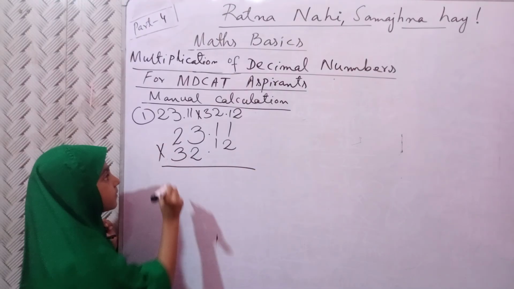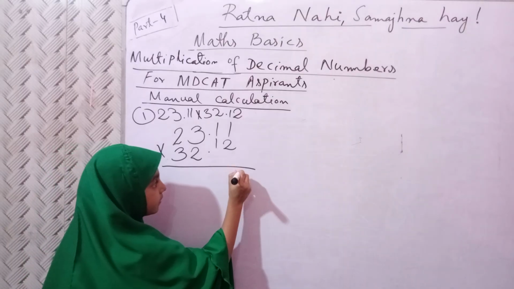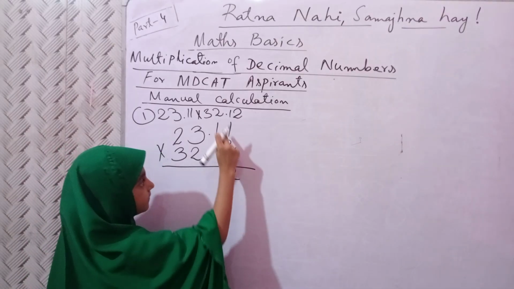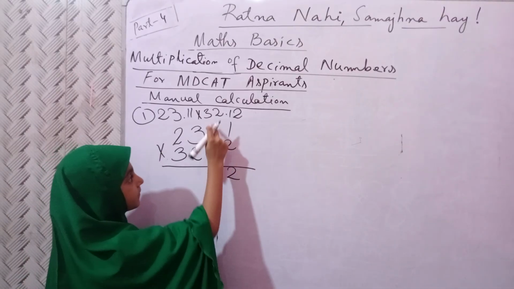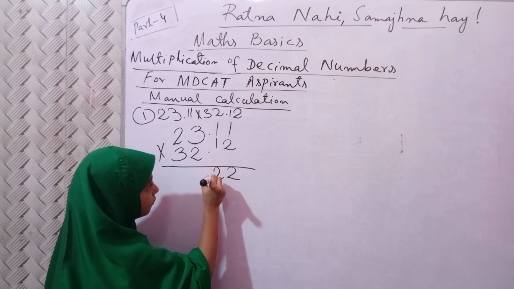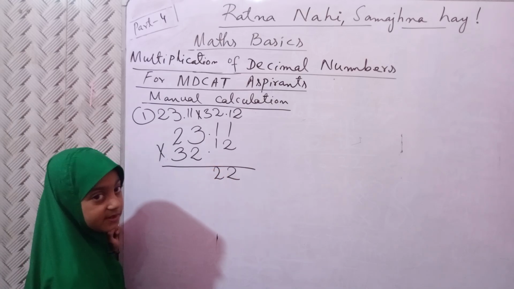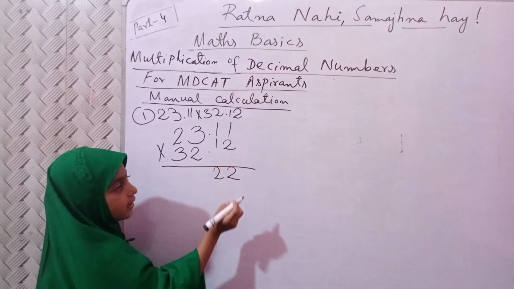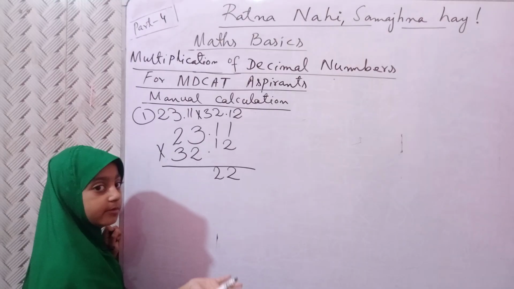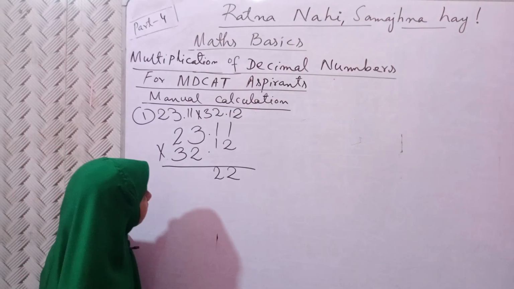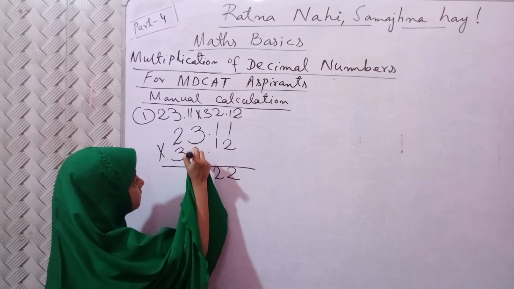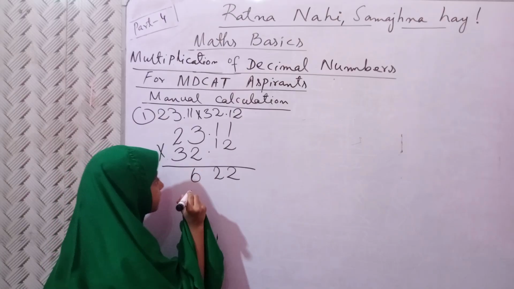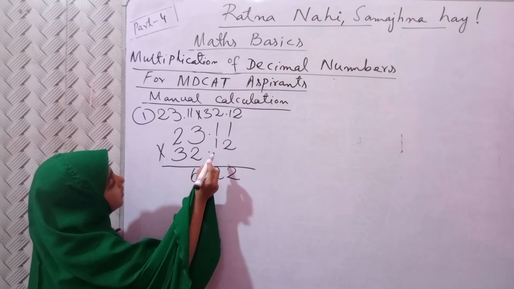Multiply sign. 2 ones are 2. Now 2 ones are 2. Not point will be here. I will tell you later where the point comes. 2 threes are 6. Okay.